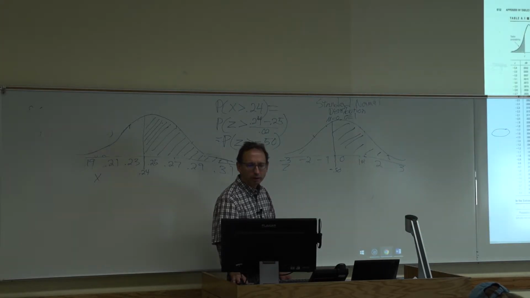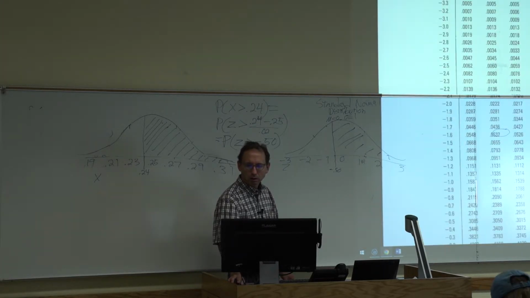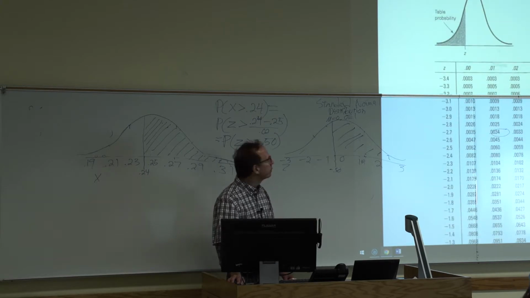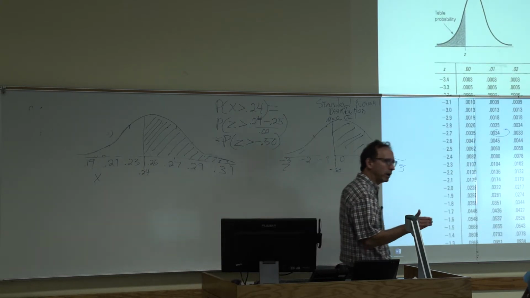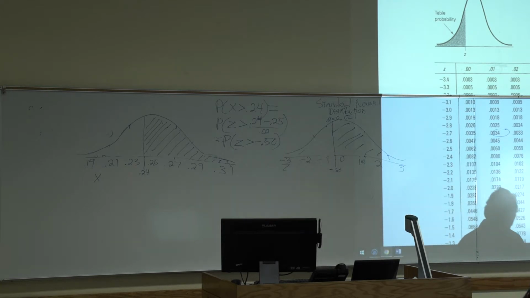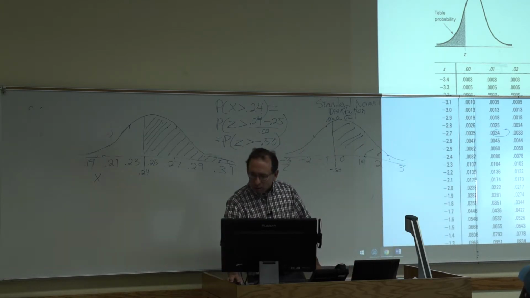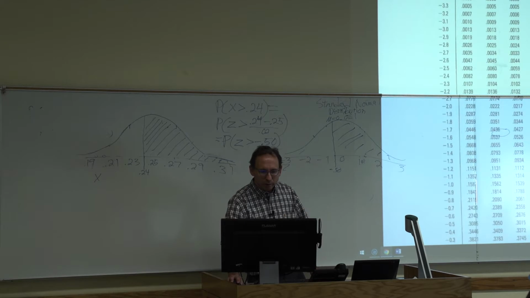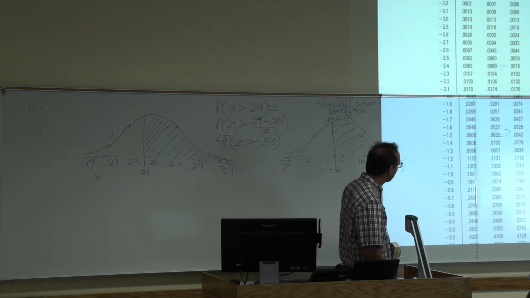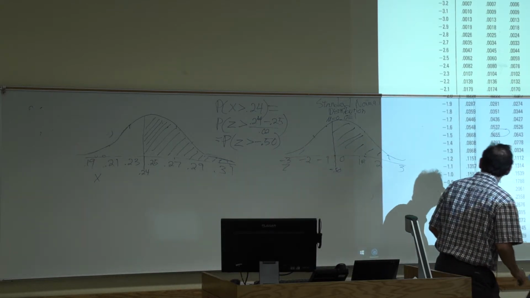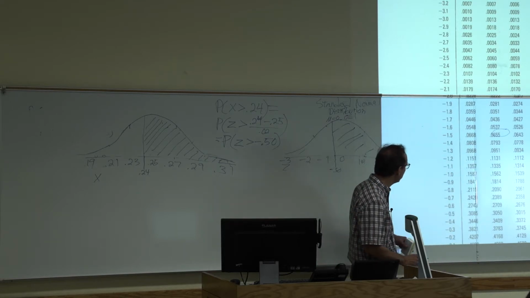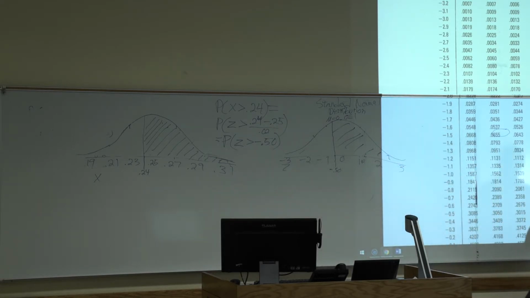We'll use this table here. Important thing to remember: your tables give you the area underneath the standard normal curve to the left of some z value. So here you want the area to the right. So the area to the left of negative 0.50, what is that? If you go down here, what's it going to be? Can't really see it there. What is it, 0.3085? Is that 9?